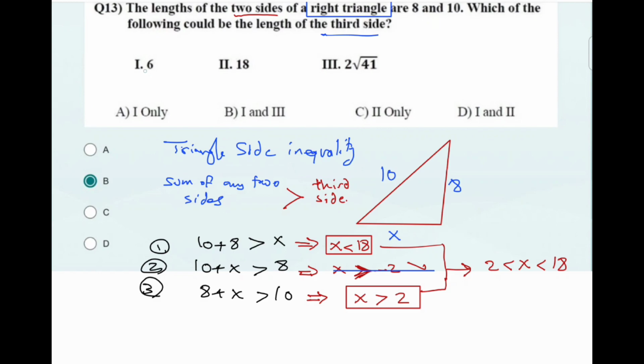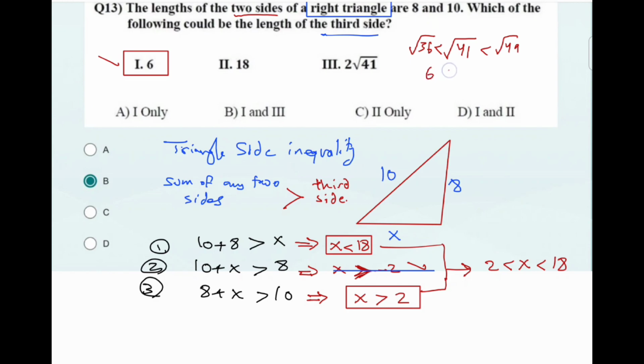So we know that 6 is one solution. And we have 2 times root 41. How do you find this? So we know that root 41 is greater than root 36 and less than root 49.